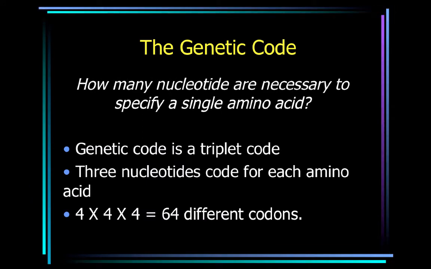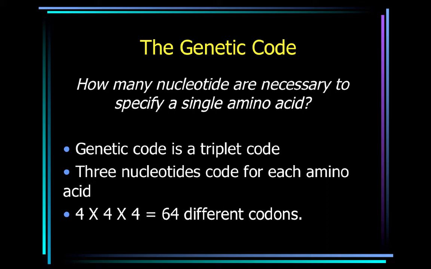Because that genetic code is in triplicate code, there's three nucleotides that are going to come together and designate each amino acid. Of the nucleotides that are present in messenger RNA, those are going to be A, G, C, and U, or adenine, guanine, cytosine, and uracil.